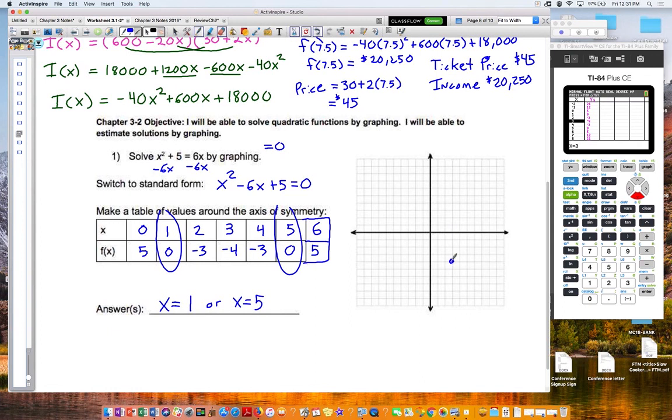Here's my vertex. Remember how I like to go left and right 1 as I go up 1. Now as I go left, right 1, I go up 3, 3, and 5, 5. Get my beautiful graph.